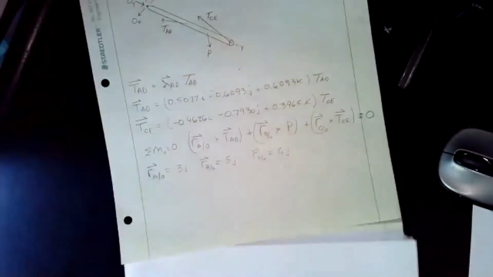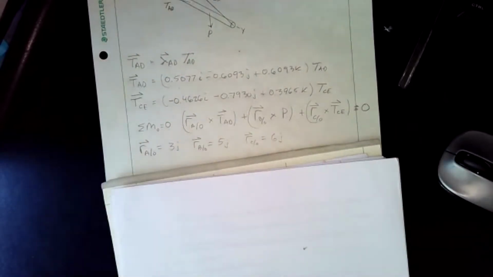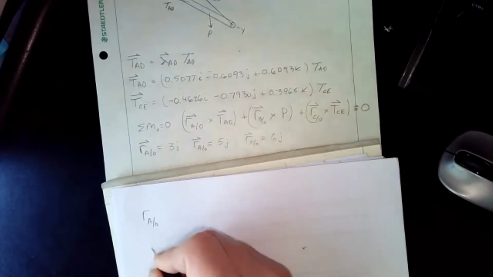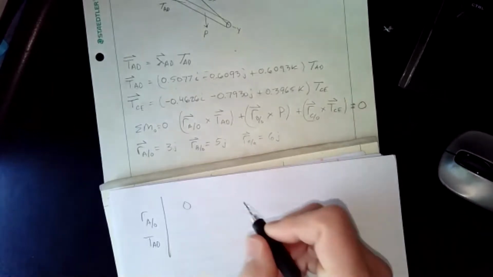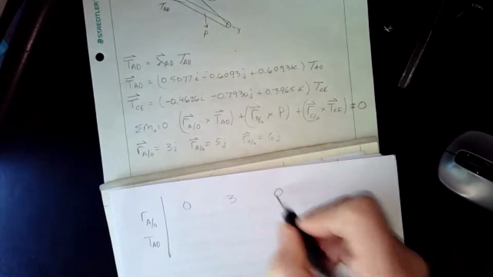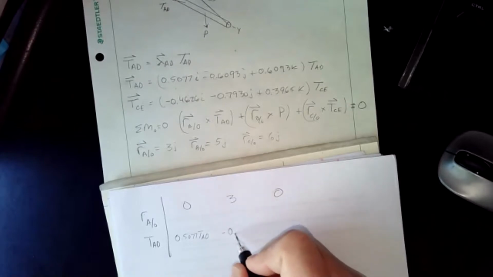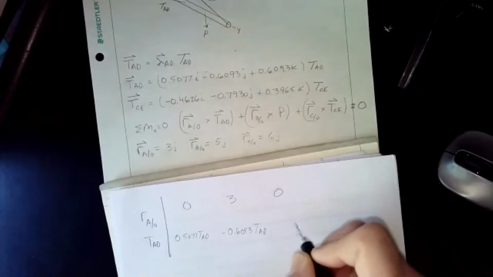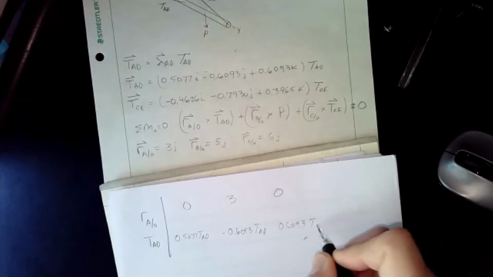So let me go ahead and write them out. I have RA relative to O, tension AD, and what do I have? 0, 3, 0, and 0.5077 TAD, negative 0.6093 TAD, and 0.6093 TAD.